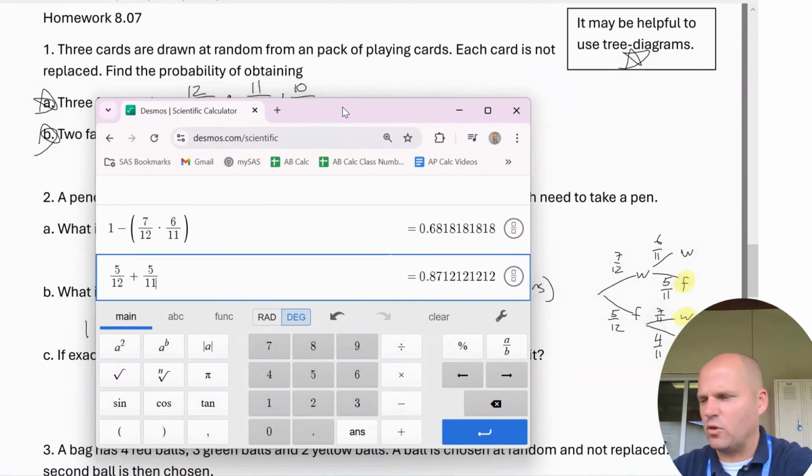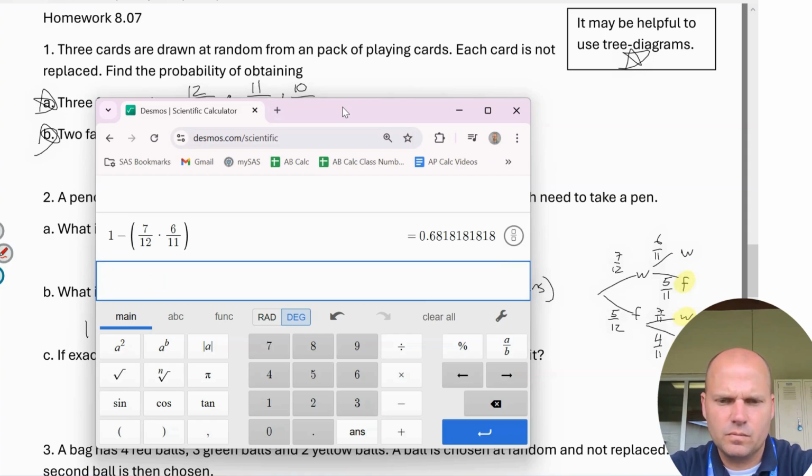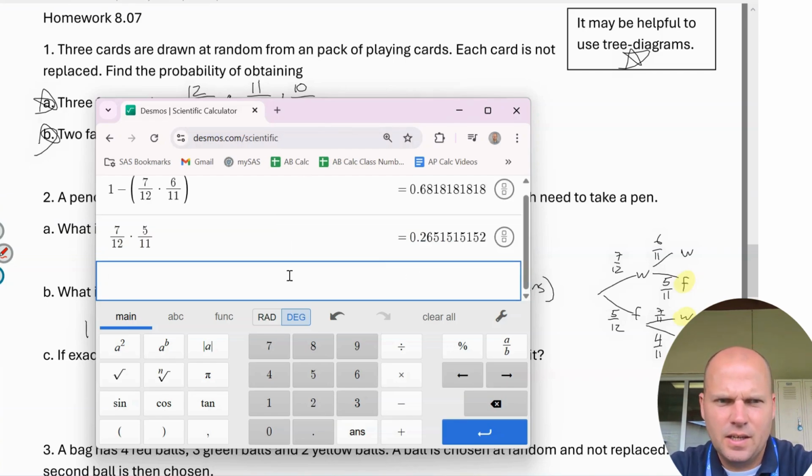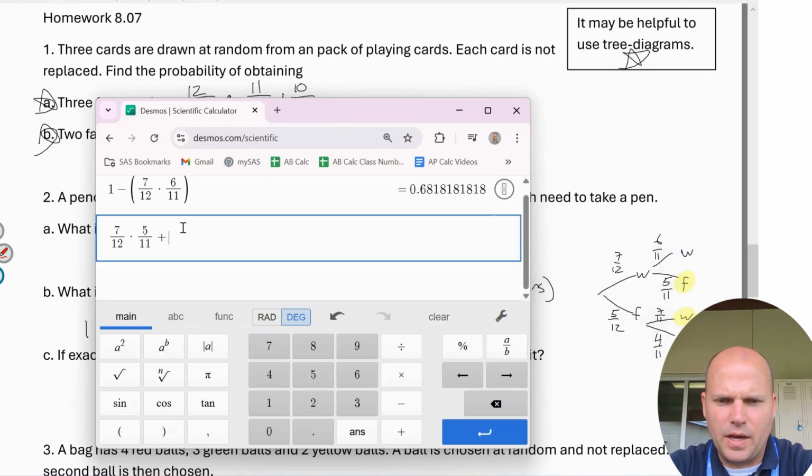But no, it's not the 5/12ths plus the 5/11ths. It's 7/12ths of 5/11ths. Okay, so cool. So it's this number plus the 5/12ths. There we go.